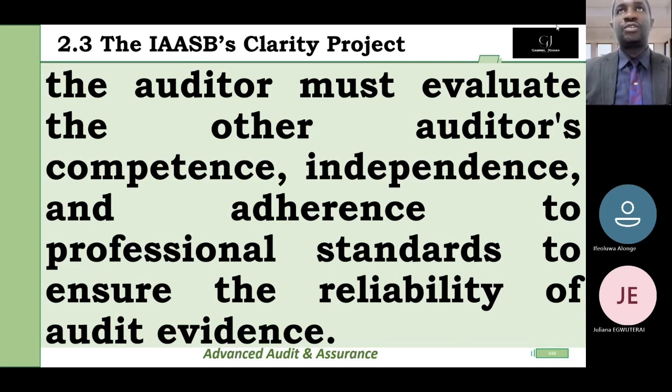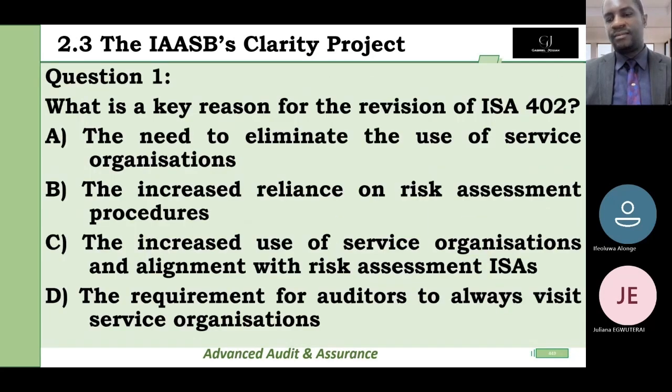So where the primary auditor uses the services of a secondary auditor to evaluate the controls of a service organization, the auditor must also evaluate his competence in that area that he doesn't have, his independence, objectivity, and how he adheres to professional standards, so that when he provides his type 2 report, the quality of work done is up to professional standards, culminating in the evidence and also the reliability of that same evidence.